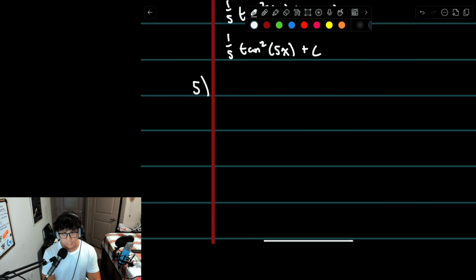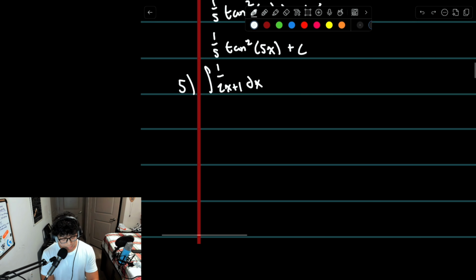Let's do one more. Our last problem will be the integral of 1 over 2x plus 1 dx. Let's choose our u. We can make this entire denominator a u, and that is 2x plus 1. Then our derivative is 2 dx.